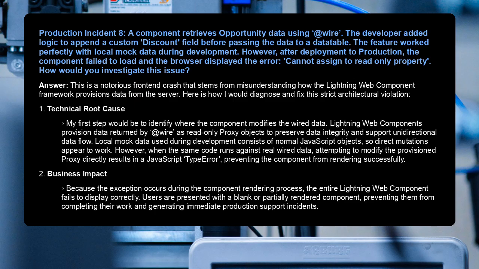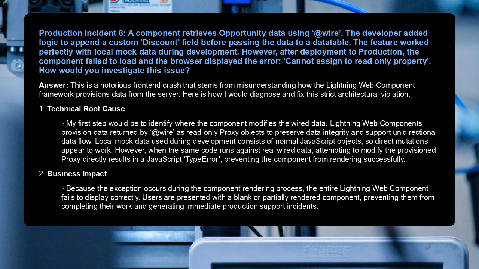Answer: this is a notorious front-end crash that stems from misunderstanding how the Lightning Web Component framework provisions data from the server. Here is how I would diagnose and fix this strict architectural violation. 1. Technical root cause. My first step would be to identify where the component modifies the wired data.